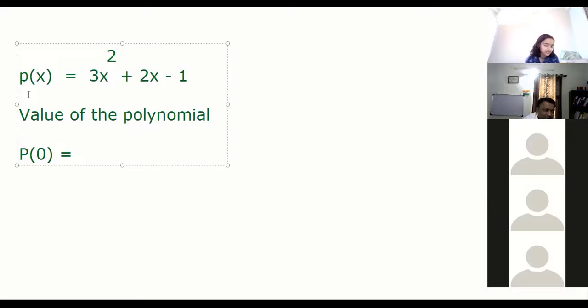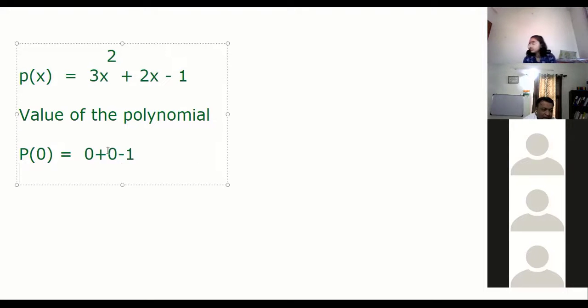P of 0 means instead of x, you are putting 0. Put 0 everywhere. So 3 into 0 squared, so 0, plus 0 minus 1. So value of this polynomial at x equal to 0 is minus 1. That's it. Value means put that variable value. P of 0 is this one.